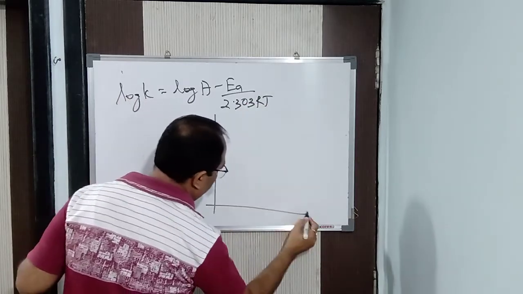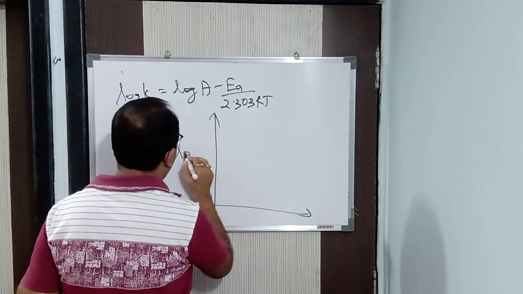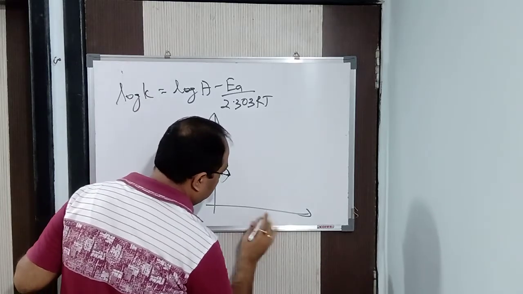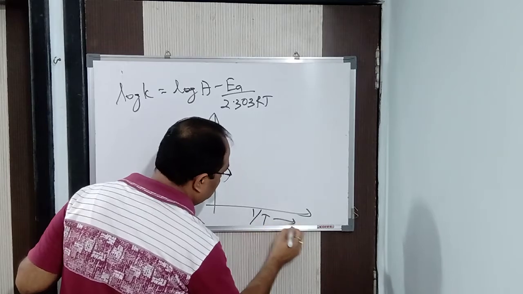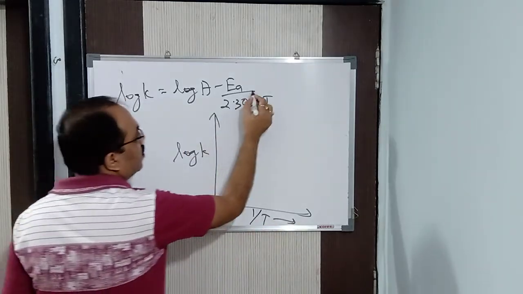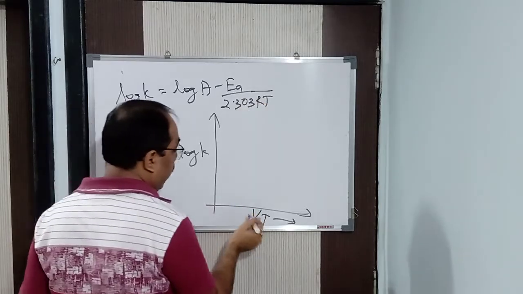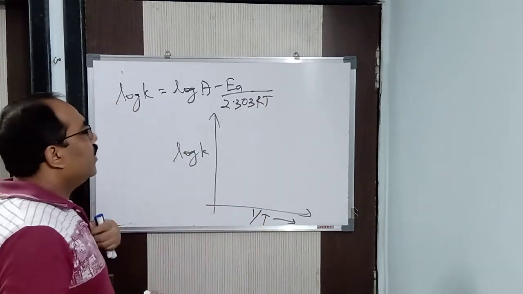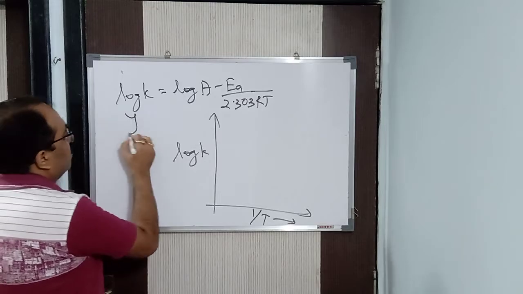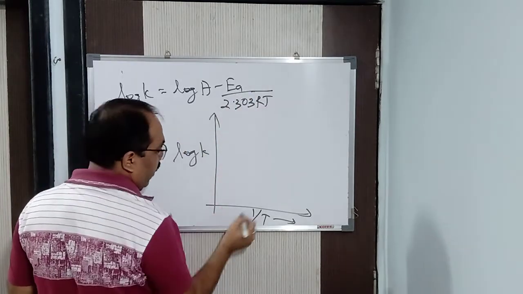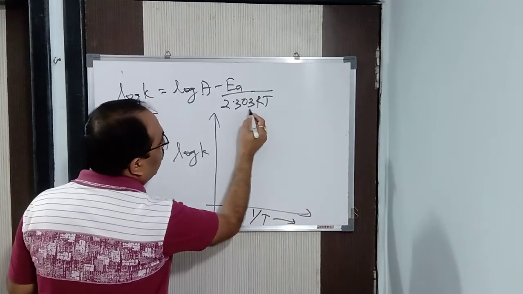Now, let us say I am drawing a graph of log K versus 1 by T. It is not T, it is 1 by T, because you see here it is 1 by T. So log K is in the y-axis, and 1 by T is in the x-axis. You can see it here very clearly, 1 by T is your x.